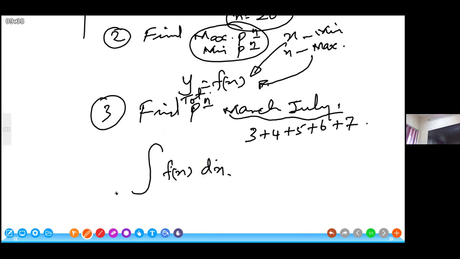What is the lower value and the upper value? 3 and 7. Upper value is 7. Lower value is 3. Any suggestion? Anyone?